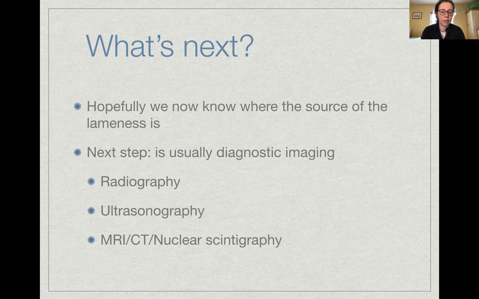MRI, for example, gives us more detail about soft tissue than ultrasound in some cases, and nuclear scintigraphy is very good at detecting bony remodeling or stress fractures before they become a much bigger problem. So if we can pick up a little stress fracture, say in a tibia, we can then rest the horse and allow it to heal. Whereas if we keep working that horse, we're increasing the risk of a catastrophic fracture, which is obviously what we want to avoid. So you'll find a wide variety of imaging techniques used in practice.